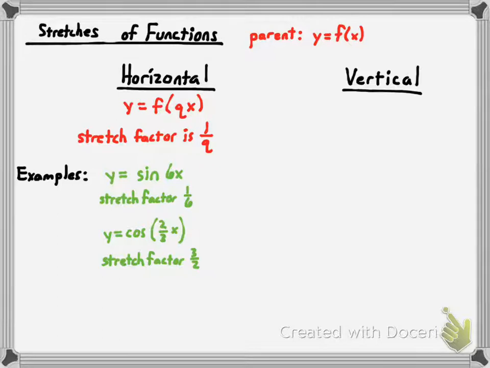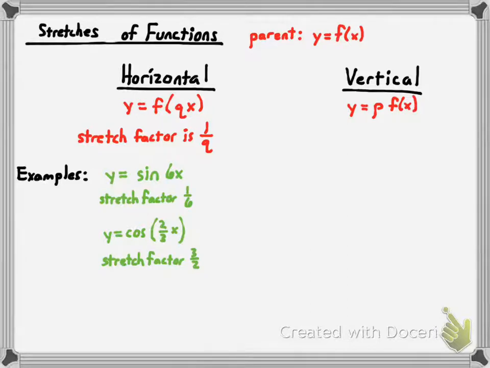When you multiply the output value of a function by a constant, it gives you a vertical stretch. In chapter 1 we said that if we multiply the output value of a function by the value p, it gives us a vertical stretch.